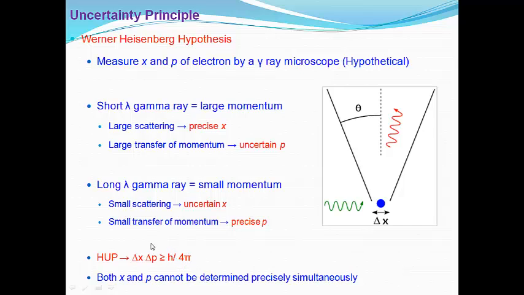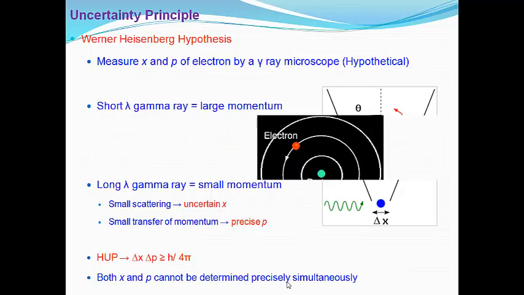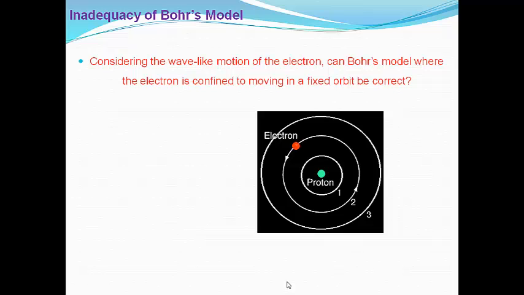Alright, and this equation can allow us to determine either the uncertainty in the position or the uncertainty in the momentum for a body that is moving at a particular speed with a particular momentum and so on. But what the principle states is that both the position and the momentum cannot be determined precisely simultaneously.